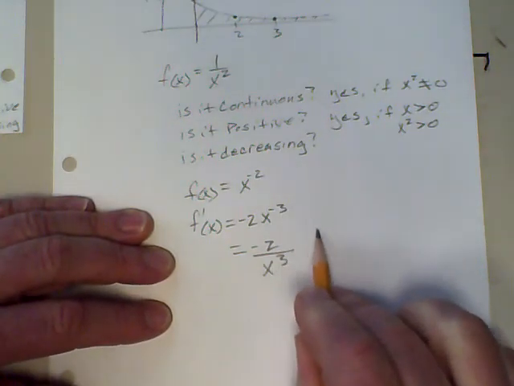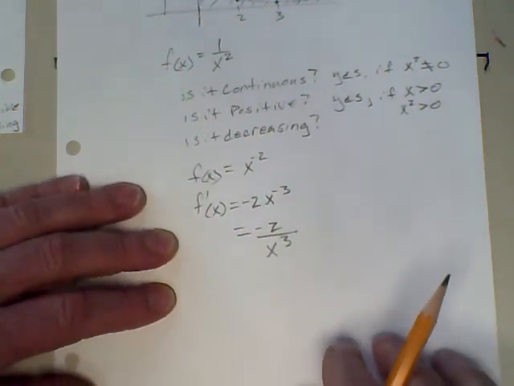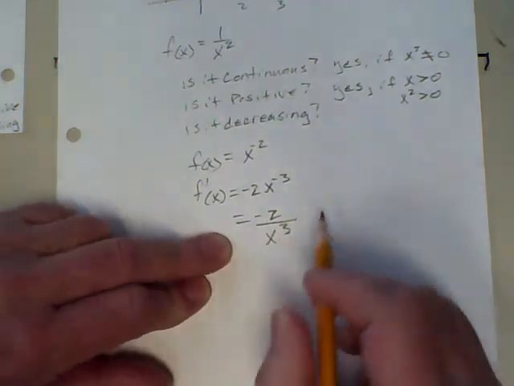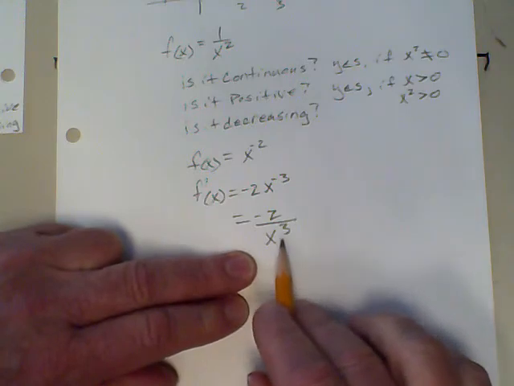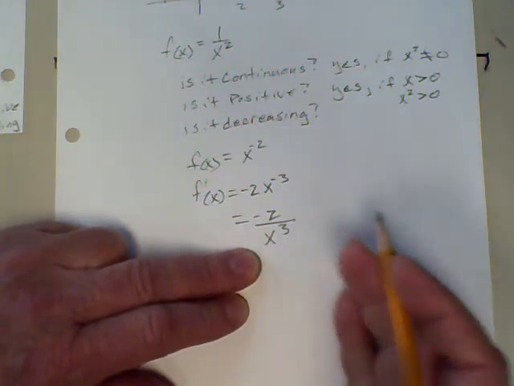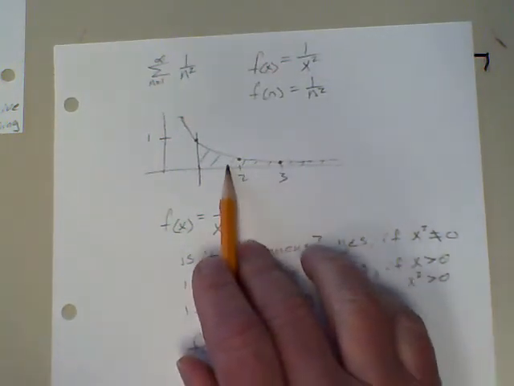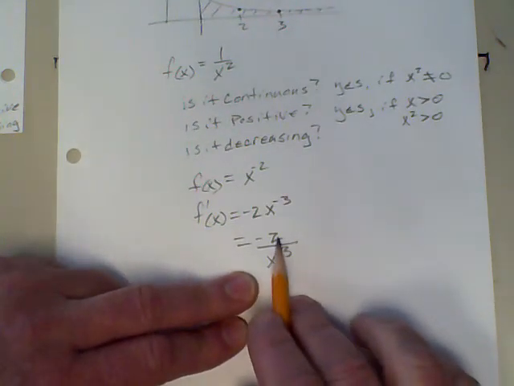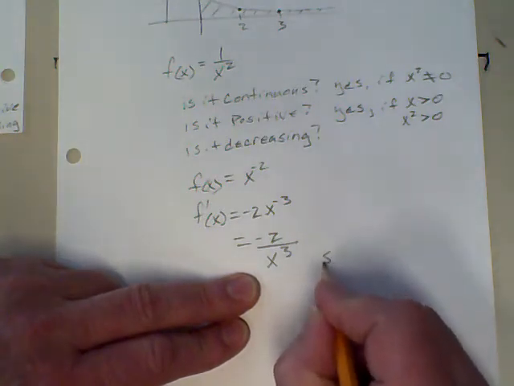Remember, a negative power sends it to the denominator. The negative 2 stays up in the numerator. So, is this positive? I'm sorry. X cubed, is the denominator positive? Anytime you cube a positive number, a value greater than 0, because that's where we're interested in here, is positive values of x, you're going to get a positive value. The numerator is always negative, the denominator is always positive.